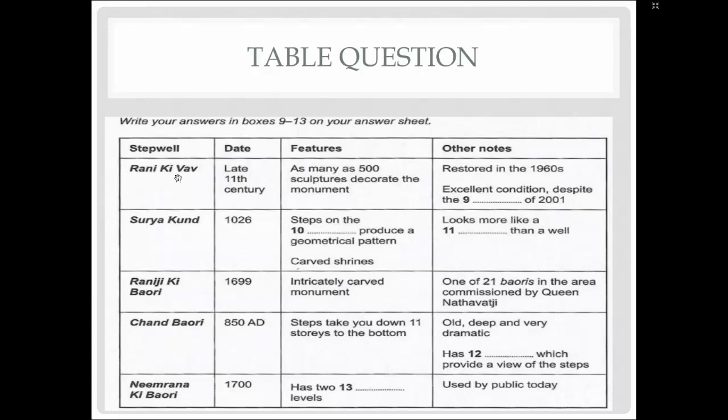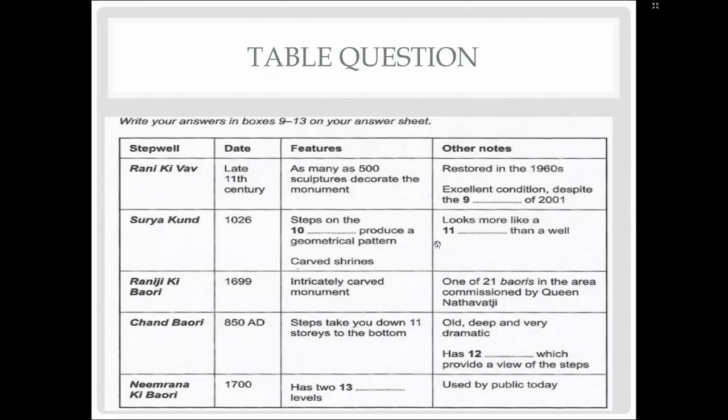But you have to find the sentence or paragraph that's talking about this language right here, Ronnie. And then you have to find the information for number 9, which is going to be a sentence that mentions 2001. And then you have to find the sentence that talks about Surya Kund. And then for number 10, you find something about a geometrical pattern and steps. For number 11, you're looking for something looking more like a blank than a whale.